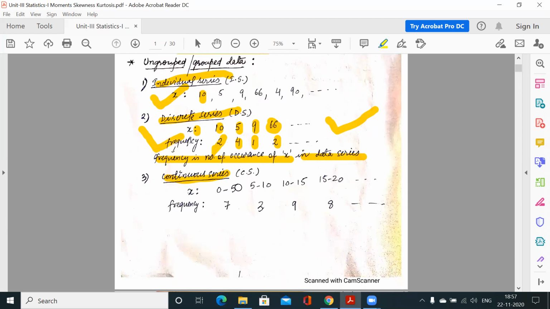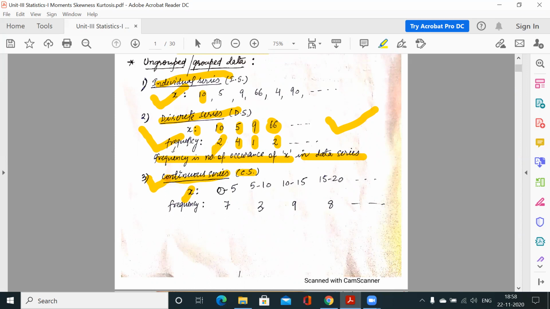Now one more representation, which is continuous series. What is the difference between discrete series and continuous series? In discrete series, the X, the variable values, are in single form, like a single entity. But for continuous series, the X value is in the form of a continuous interval.